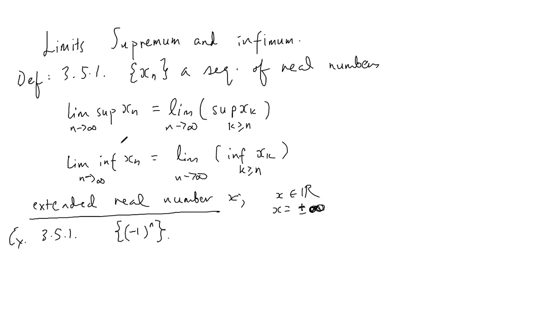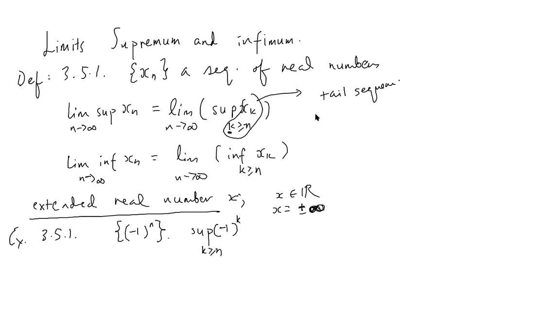To find the lim sup, we first have to find this quantity, the supremum of the sequence xk. Note that this is k. So this part here is actually the tail sequence, the tail sequence starting from some index n.